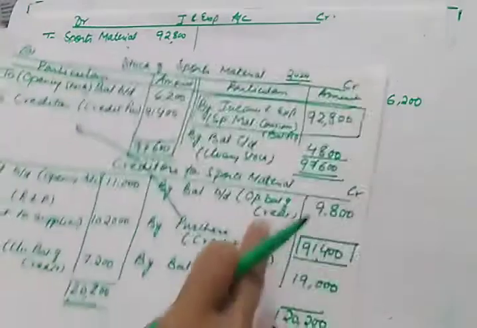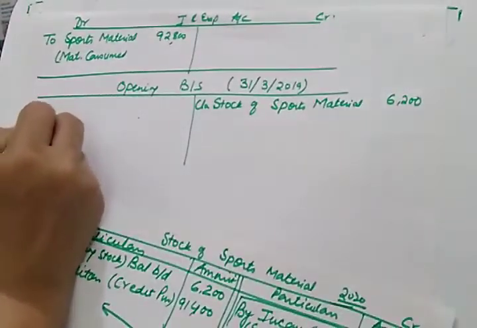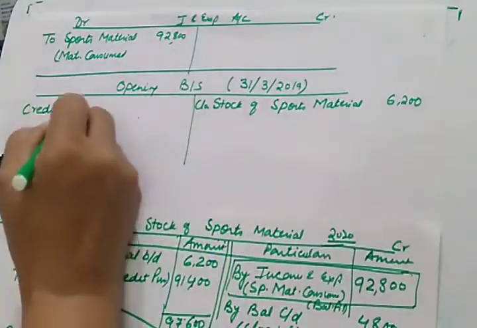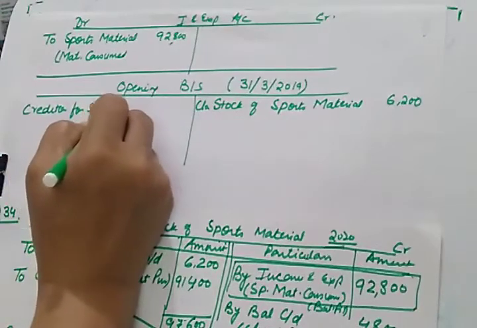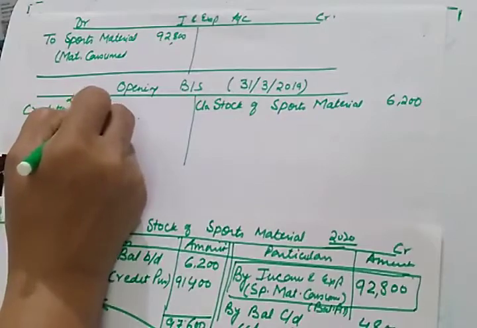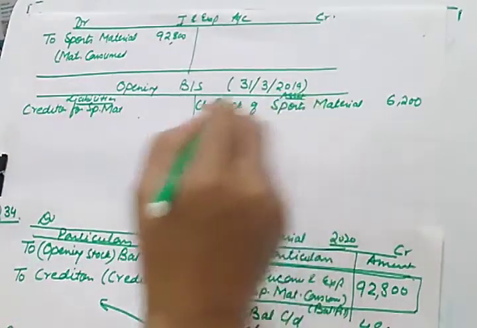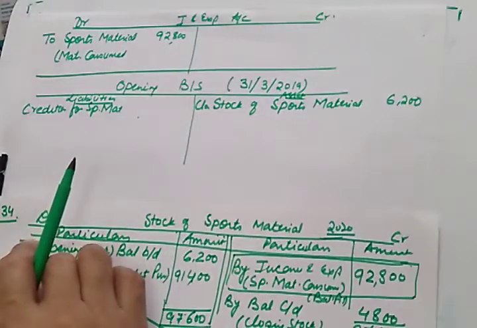Then you have opening balance of creditors. So creditors for sports material on the liability side. This is liability side, and this is my asset side. Proper format, whenever balance sheet is asked, you need to make proper format, properly ruled.